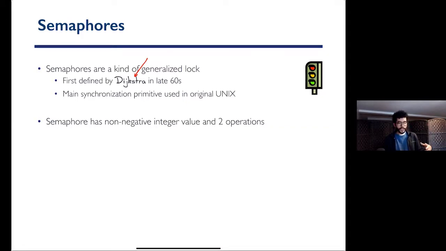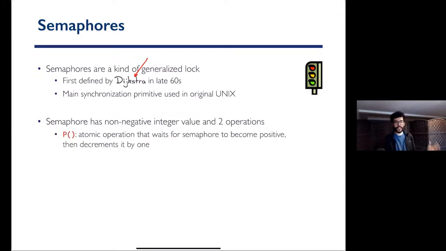Now, semaphores are like integers, but they're non-negative. So they're either 0 or more, and you get to initialize them. So you give them an initial value. You initialize them to a non-negative integer.